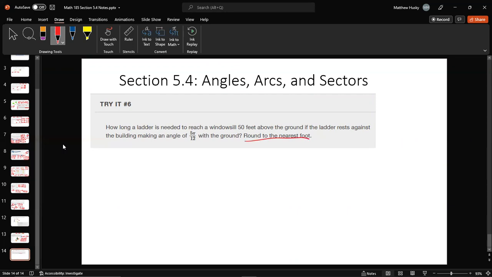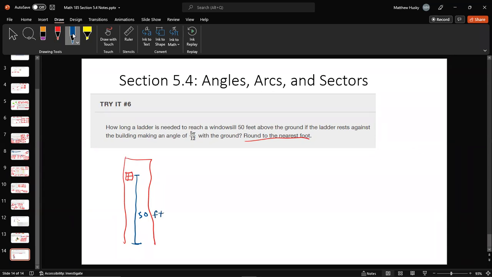All right, let us draw a picture for this situation. So we have a building with a windowsill. There's your building. And we're going to have a window up here somewhere. There's the window. The window is 50 feet above the ground, so from here to there, that is 50 feet.